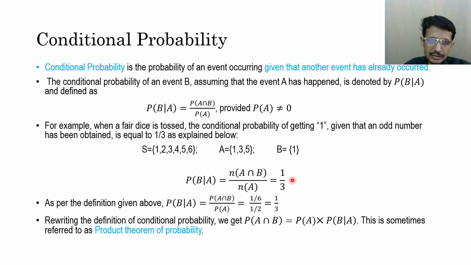So we get a similar result in both cases. So rewriting the definition of the conditional probability, we get P of A intersection B is P of A multiplied by P of B given A. This is sometimes referred to as the product theorem, and that is important. It will come later.